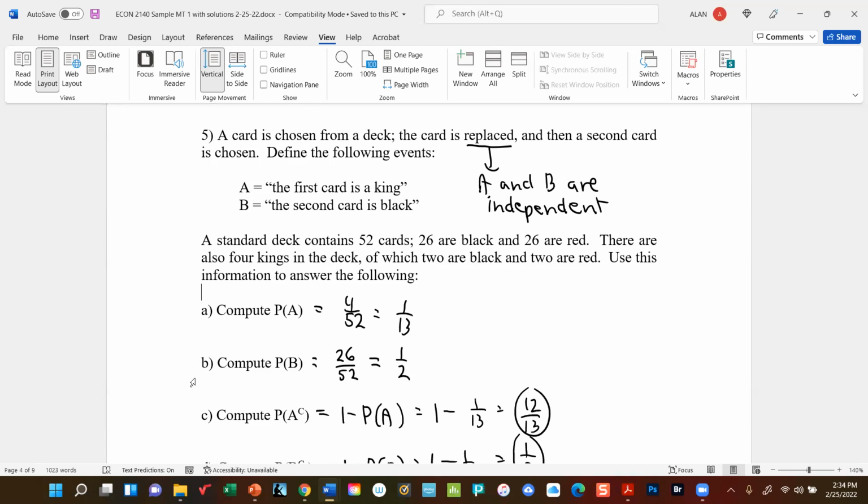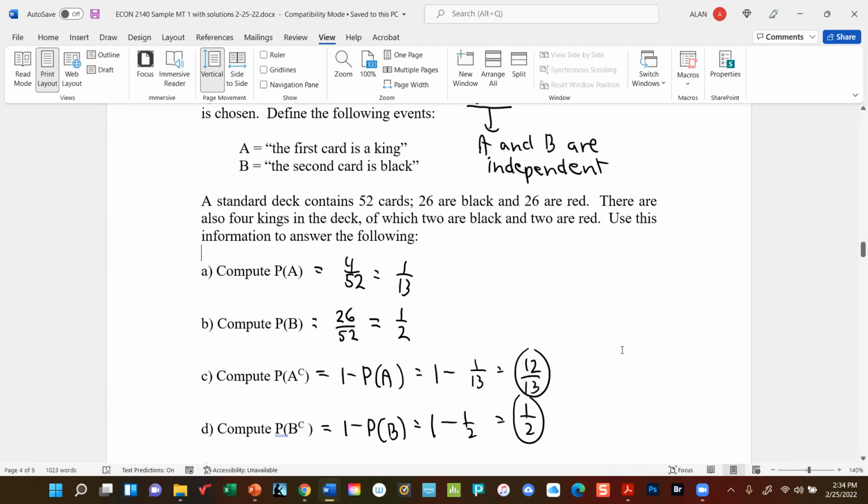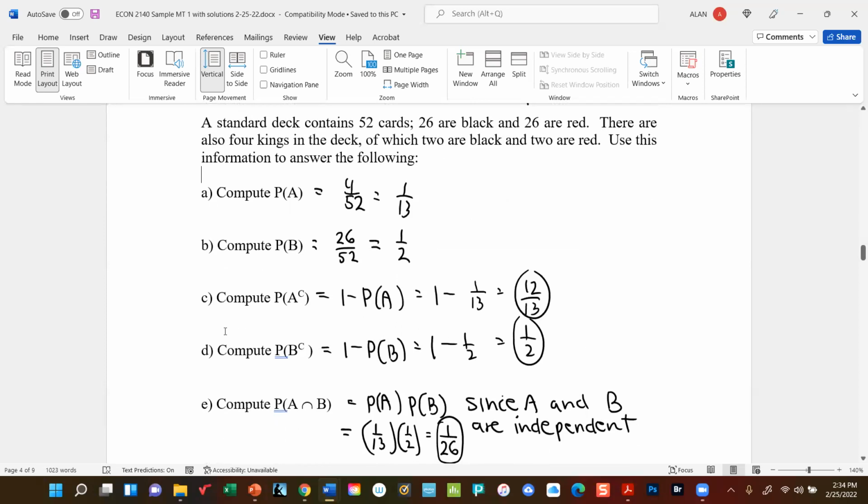Now, after that, of course, we need to start using some rules. So, for example, how about the probability of A complement? So you might recall that all we have to do here is write out 1 minus the probability of A, which is equal to 1 minus 1/13, or 12/13.